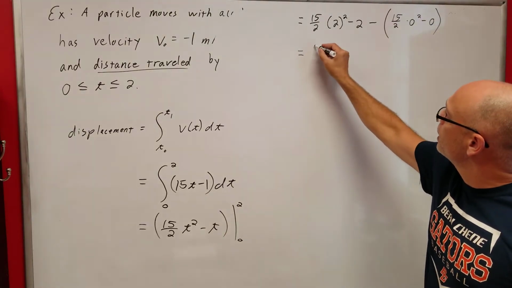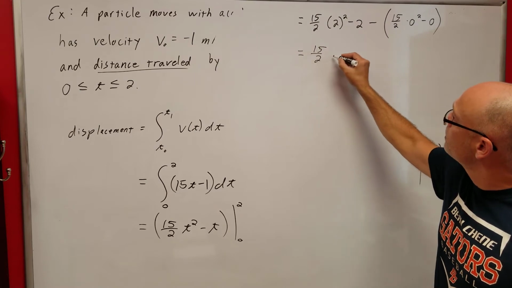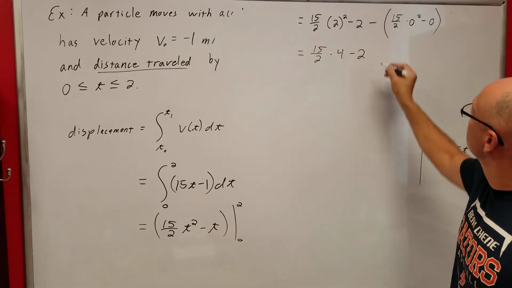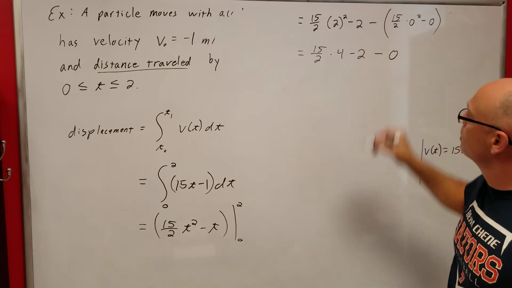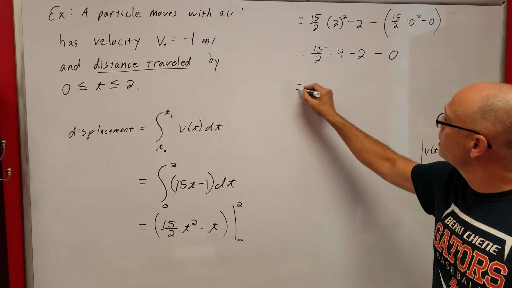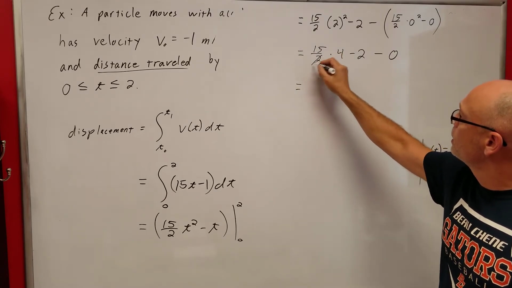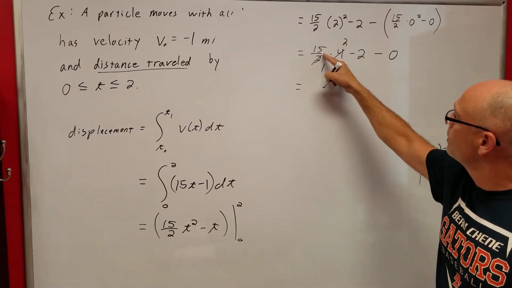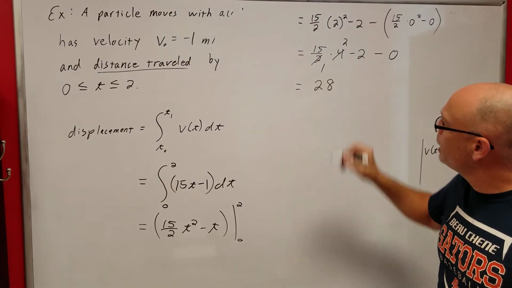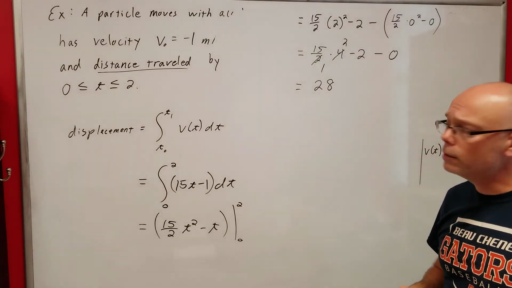So what do you get here? You get 15 halves times 4 minus 2, minus, what does all this go to? 0. All right, so let's see. We get a 1 there, we get a 2 there, so that's 30 minus 2. What's 30 minus 2? 28. So I have 28, right?